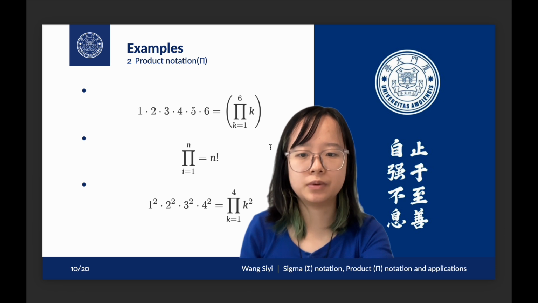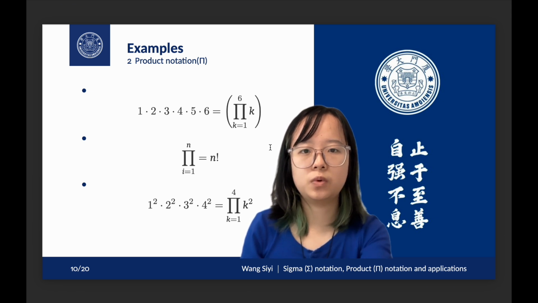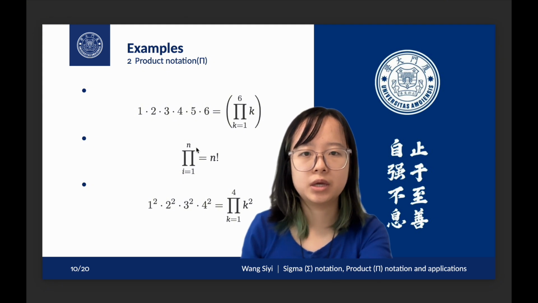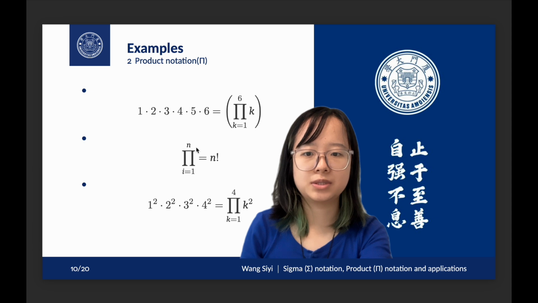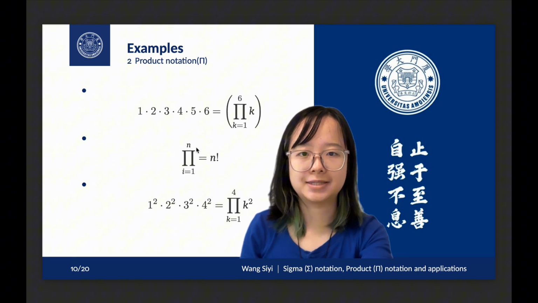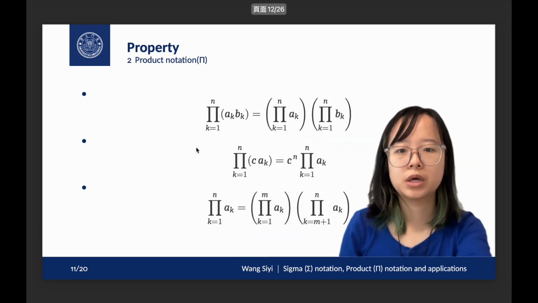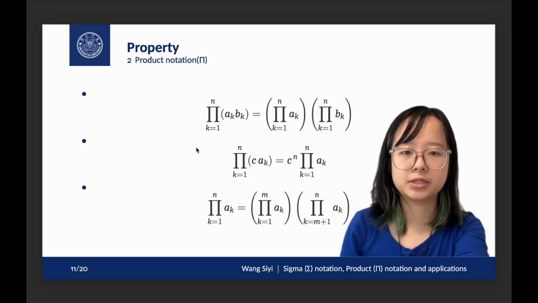Here are the examples. What's more interesting is that we can use the product notation to denote the factorial of n. Here are some properties.